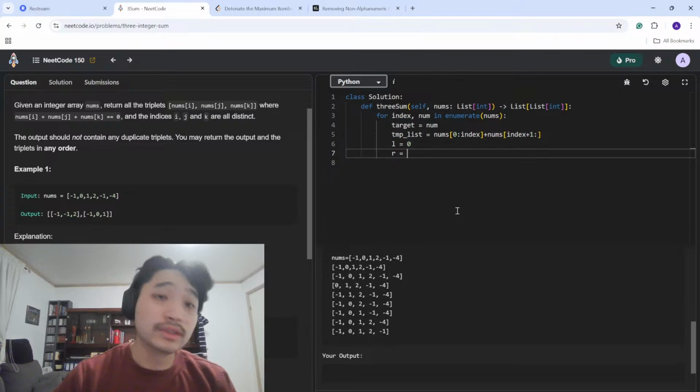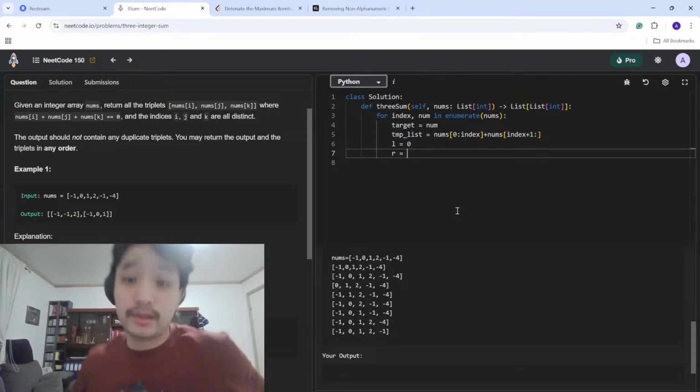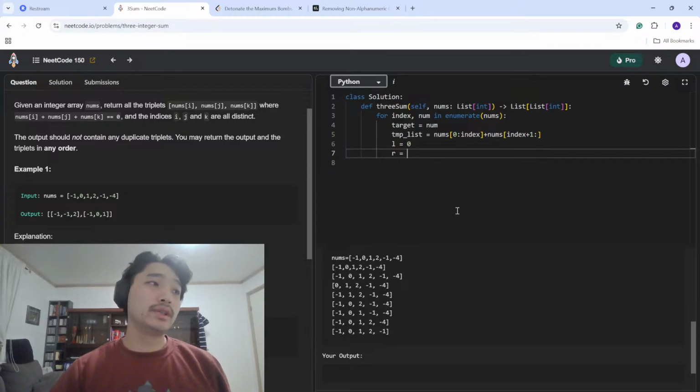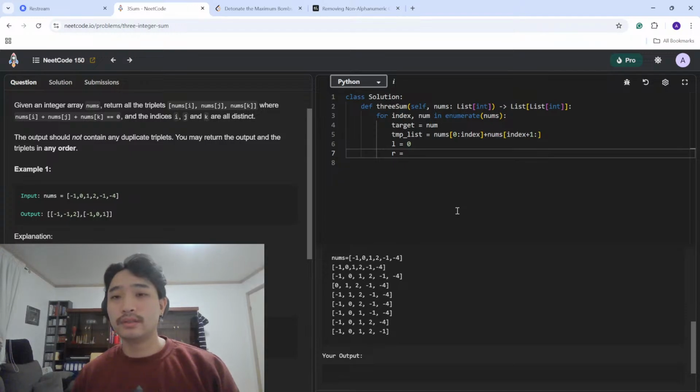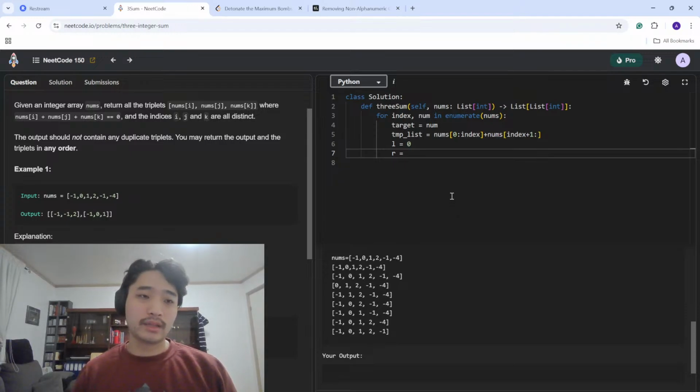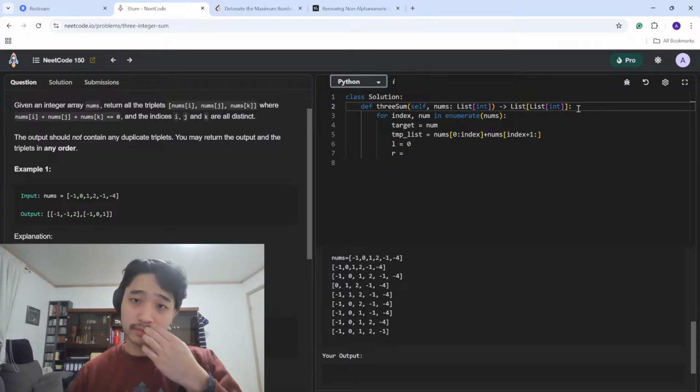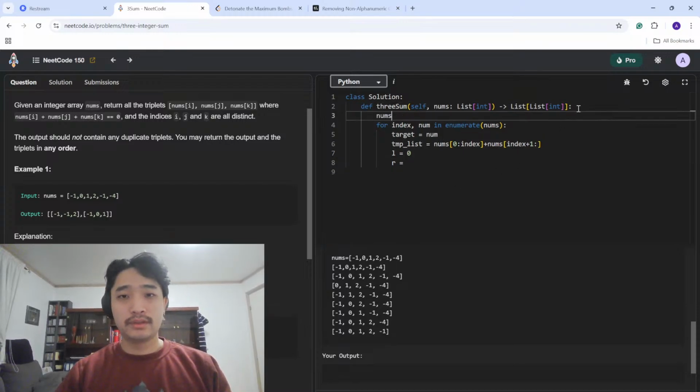So now I'm just doing the standard two-sum algorithm, which has a runtime of... it's not sorted. Should have sorted at the beginning. Yeah. Sort.